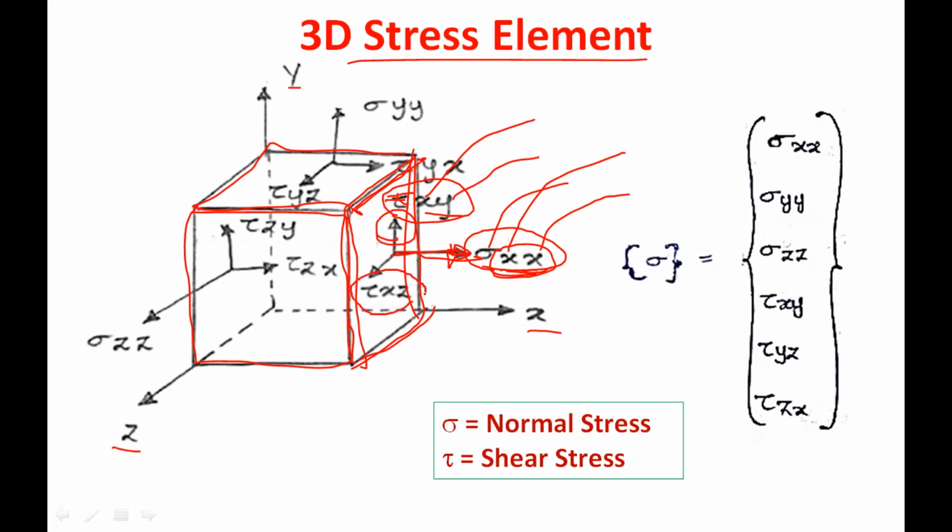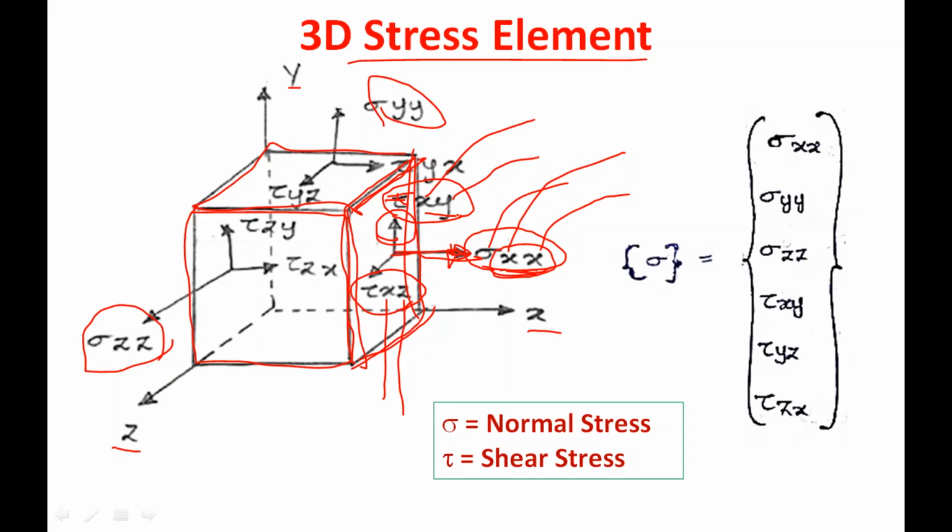Similarly, when you take this one, first one, the shear stress is acting on the x plane along the z direction. That is why tau xz. Like this, we can form three normal stresses in x direction, y direction and z direction. And for each plane, we will get two shear stresses.